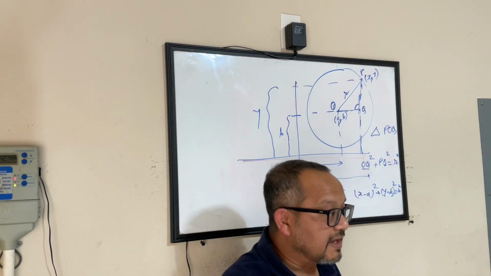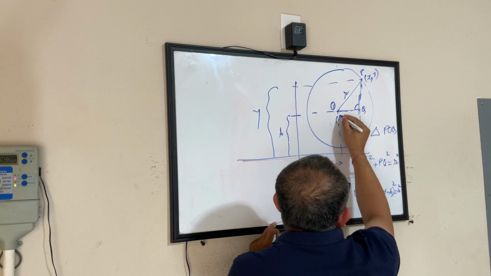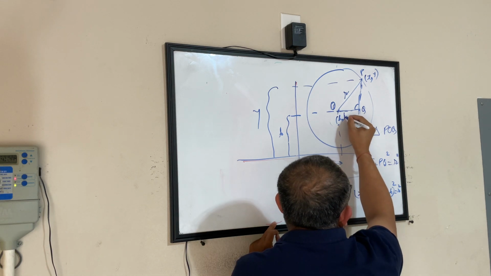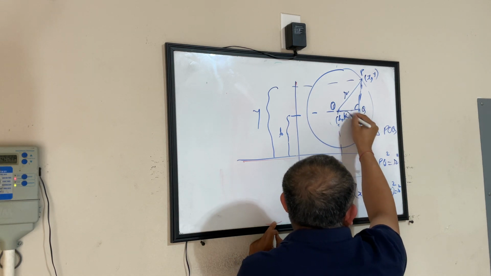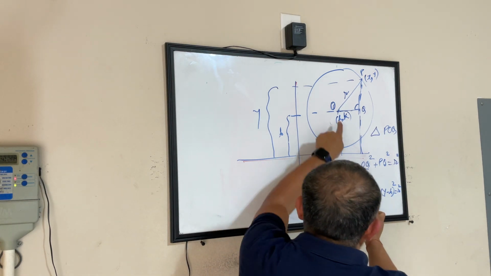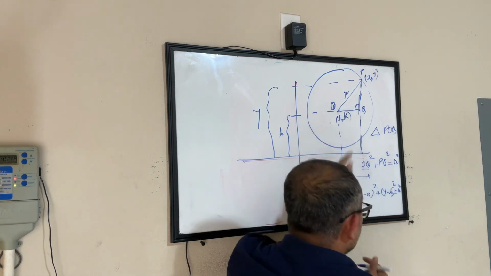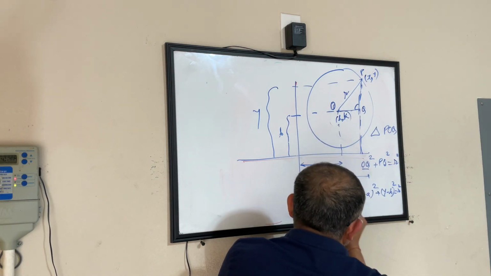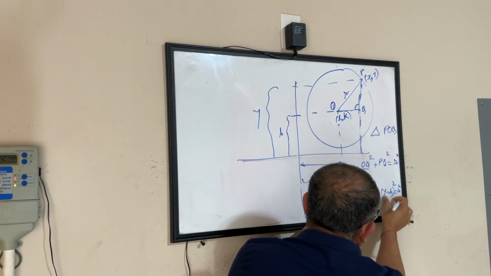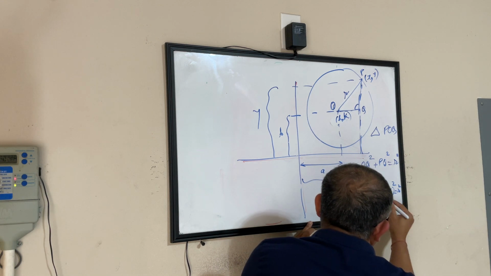If I get a fancy idea and say, okay fine, I will not say this is a comma b, I will say h comma k, let's say. Same thing, I will replace a with h and b with k. So this becomes x minus h square plus y minus k square equal to r square.